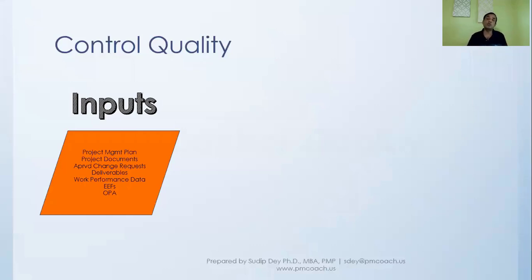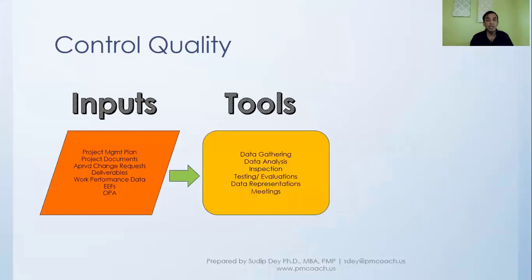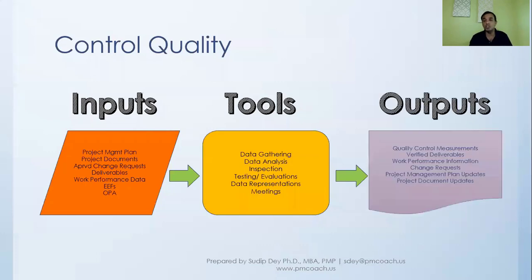Now we are about to release them to our customers, so we will do whatever needs to be done to check, inspect, and test before we release to the customers. There are different tools, most importantly inspection and testing evaluations. And finally, what we get is verified deliverables, amongst others, where the verified deliverable is what we release to our customers.